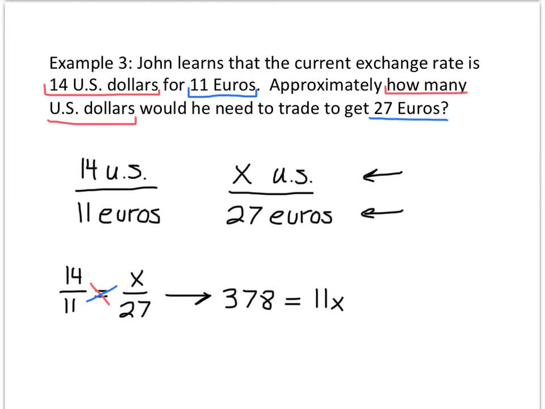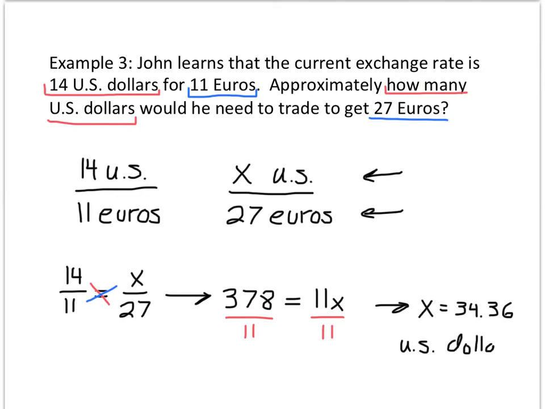So now to solve for x, I can divide both sides by 11. So if I do 378 divided by 11, it looks like x comes out to be approximately 34.36 about. And keep in mind, we're talking about how many US dollars I would need. So I can say I would need 34.36 US dollars.